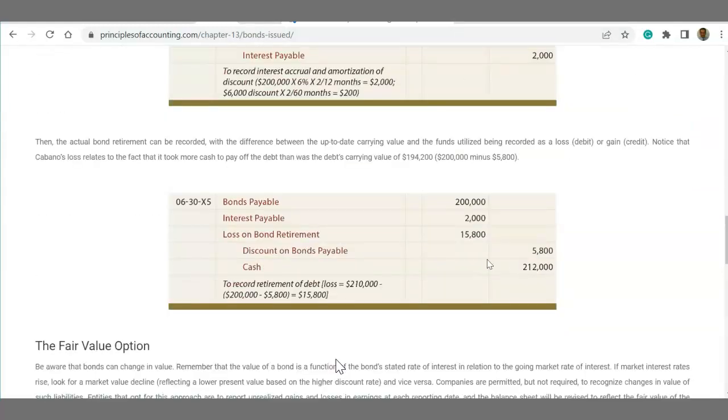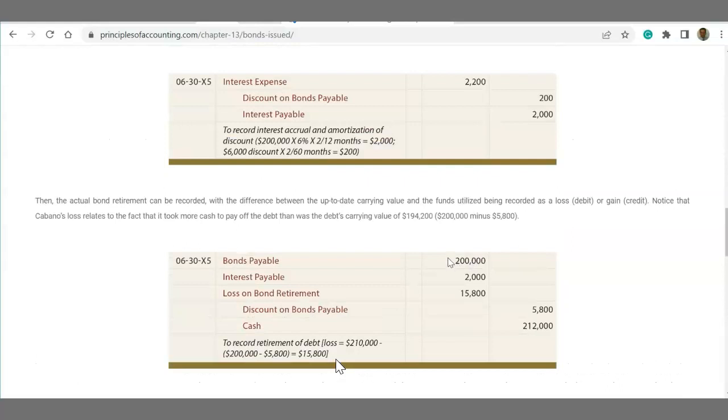At this point, what do we have? We have bonds payable that needs to be closed. The normal balance is credit, so we debit here to close it. We have $2,000 interest payable that we need to close, so we debit that. And in the bond agreement, if you call it before maturity at this date, you have to pay $212,000 instead of $200,000.